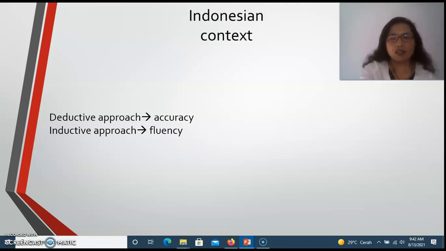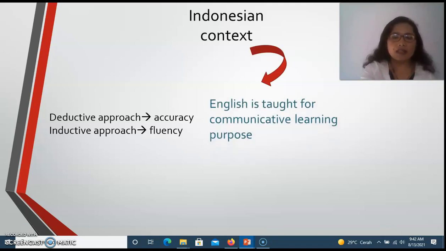This is quite interesting if we look at the Indonesian context, where English teaching is actually for communicative learning purposes. I mean, the teaching of English is directed so that the students are able to use English communicatively. Why is it interesting?